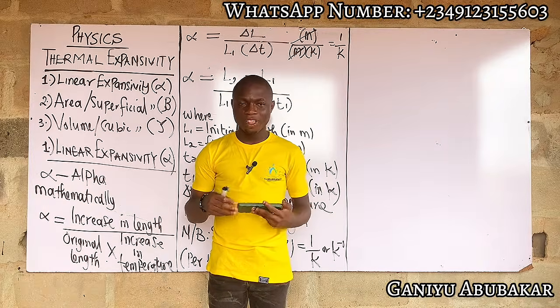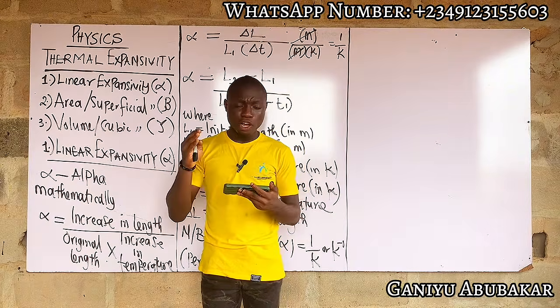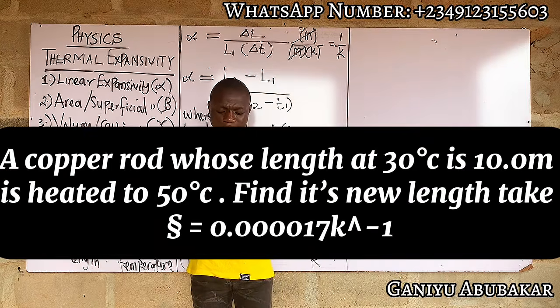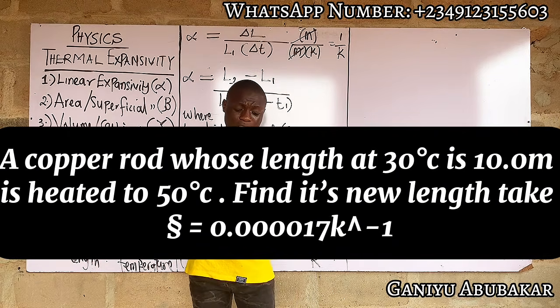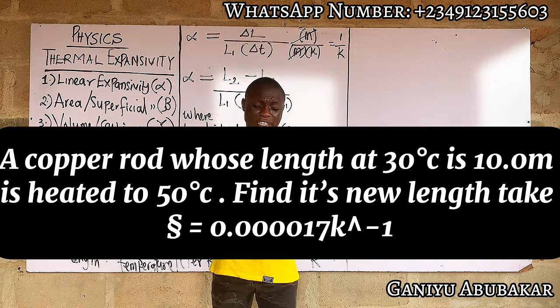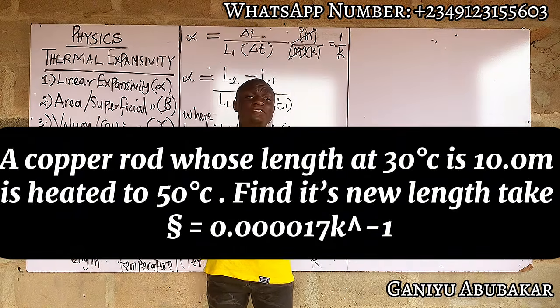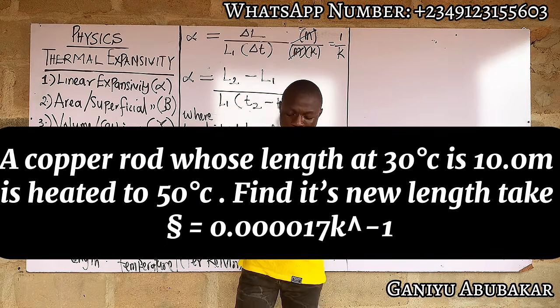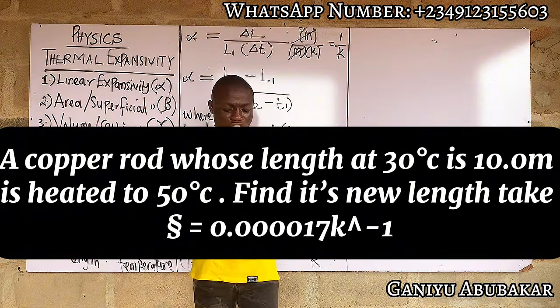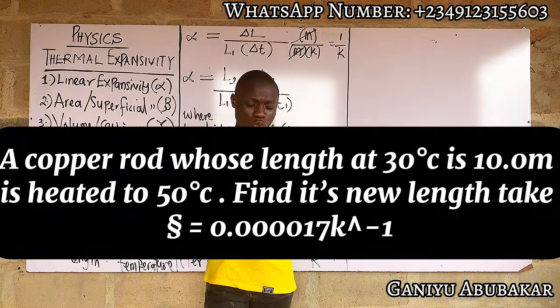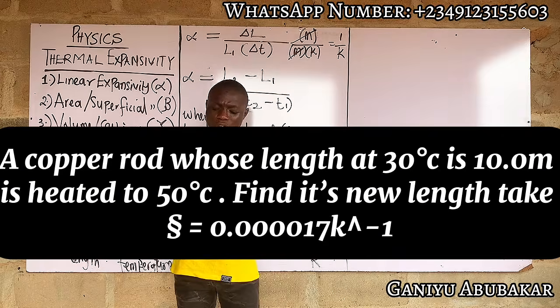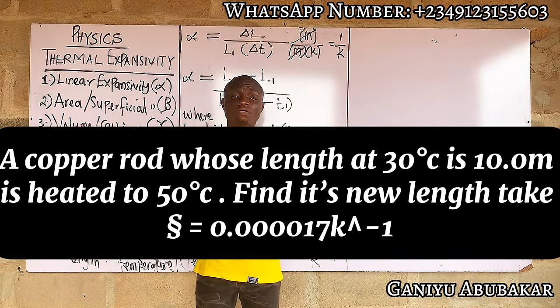Welcome back. Example 1 says a copper rod whose length at 30 degrees Celsius is 10.0 meters is heated to 50 degrees Celsius. Find its new length. Take linear expansivity, that is alpha, as being equal to 0.000017 per Kelvin.